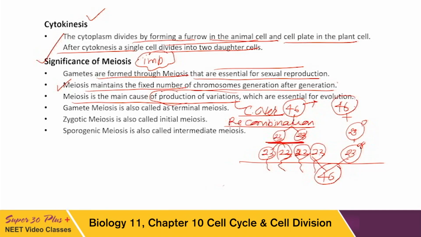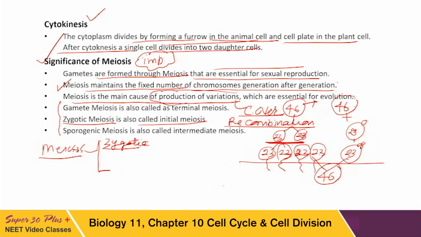And now a very important point we have here, children: you see, 3 types of meiosis are found. The most primitive one is known as zygotic meiosis, also called initial meiosis. What is there in this zygotic meiosis?